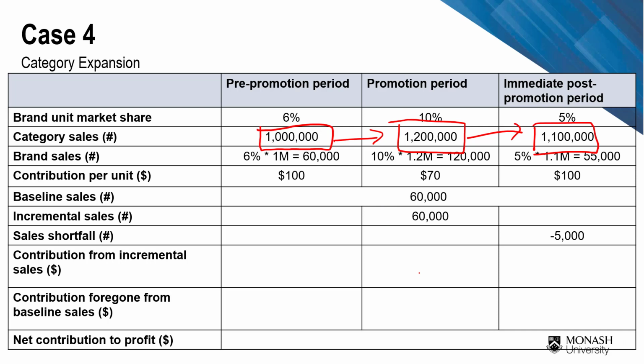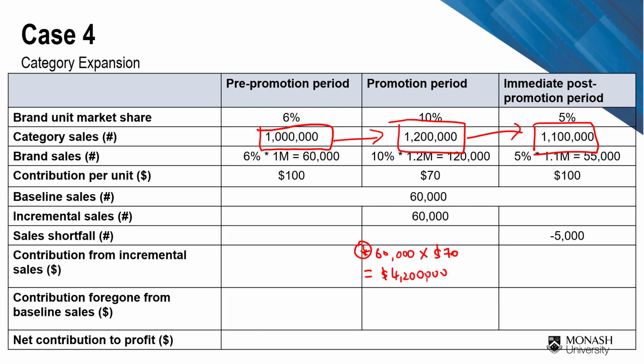Okay, but what I can see here is that there is an incremental sales of 60K again. So that's the incremental sales. Because of that, I can do the incremental sales of 60,000 units times 70. That's going to be 4.2 million.